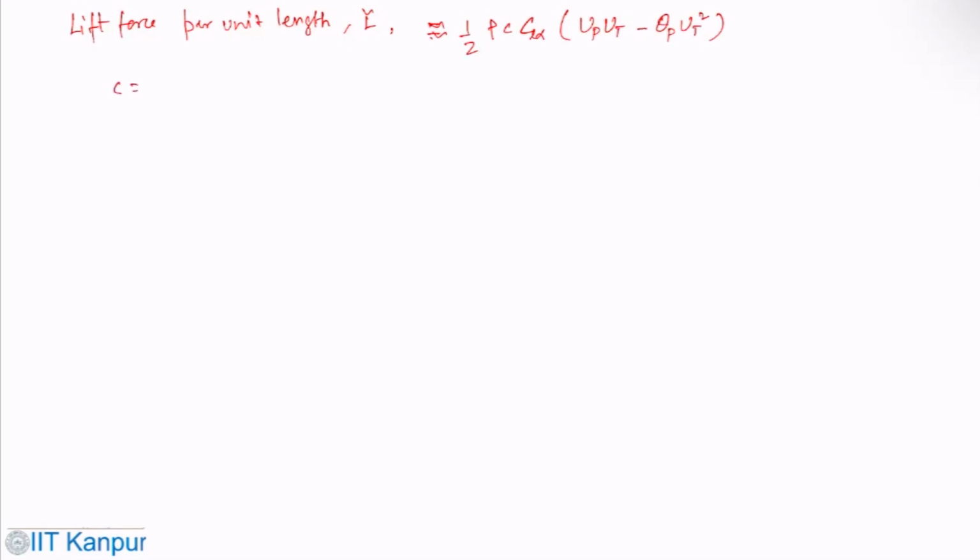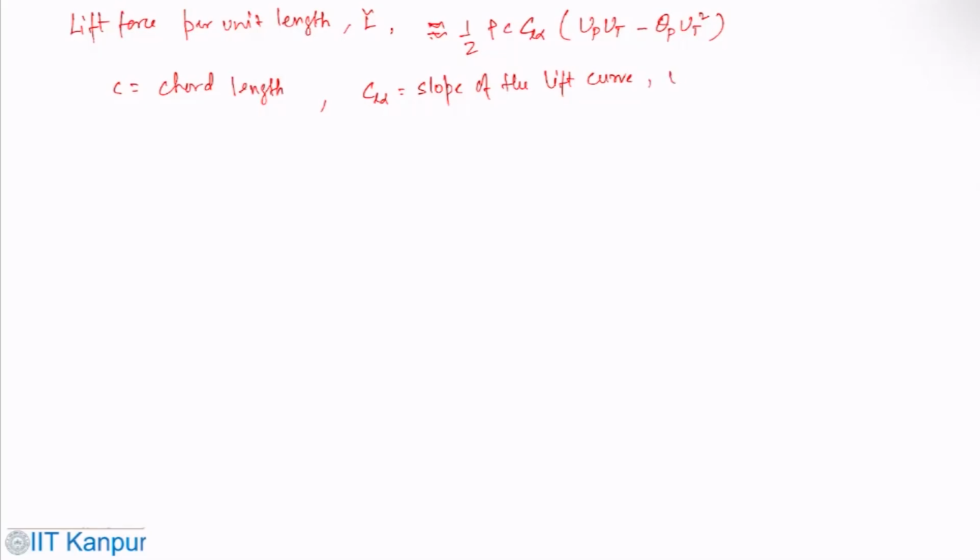So here C is the chord length, CL alpha is the slope of the lift curve.